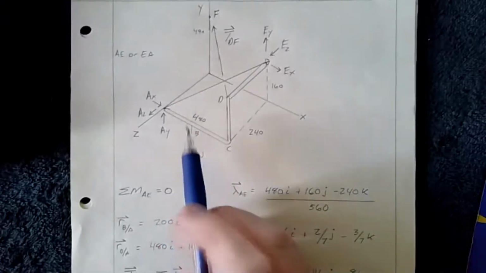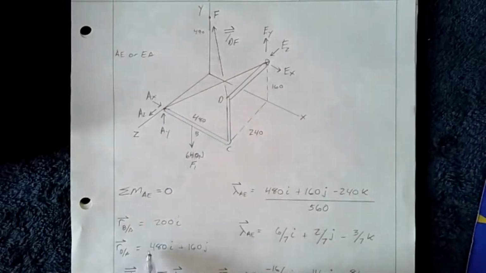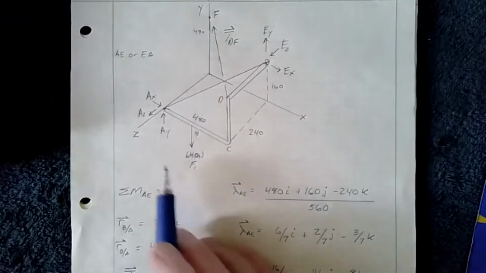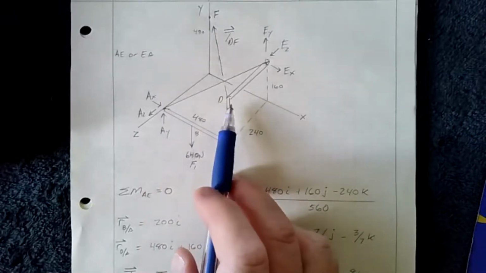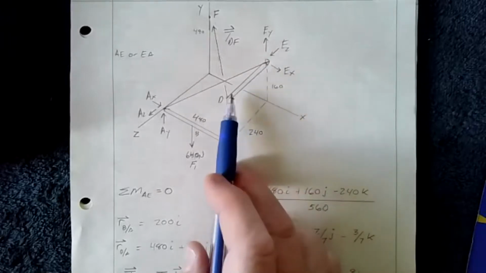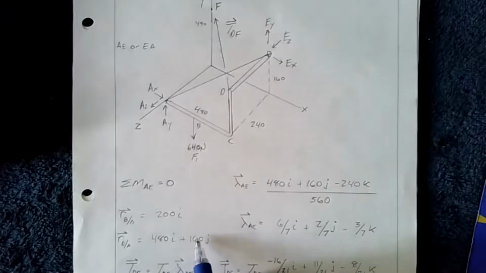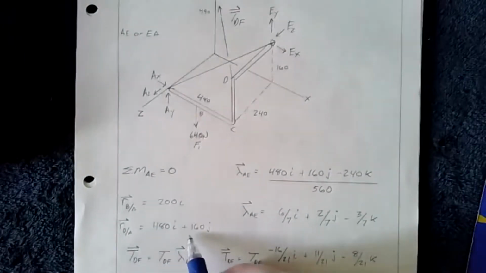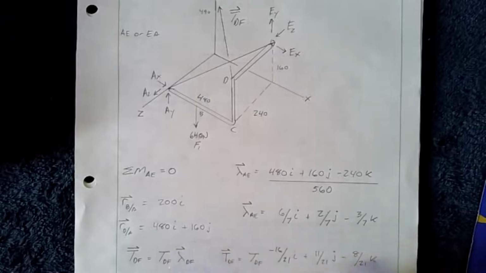In terms of going from A to D, you do the same thing, 480i plus 160j, just go all the way out and up. Now, I could have gone just this direction here, so instead of 480i plus 160j, this could have been just 240k, and it would have worked out exactly the same. So you could try it both ways if you don't believe me, but you could have done it either way.